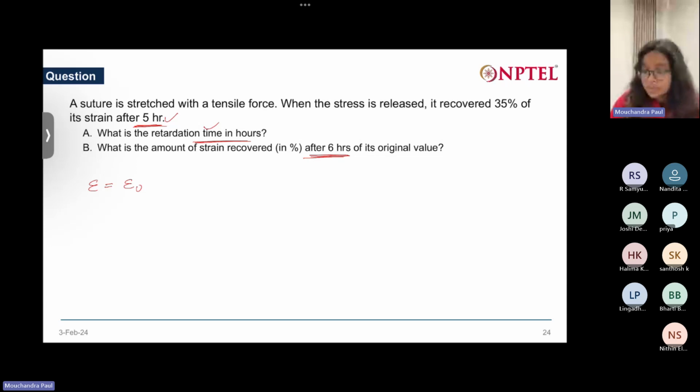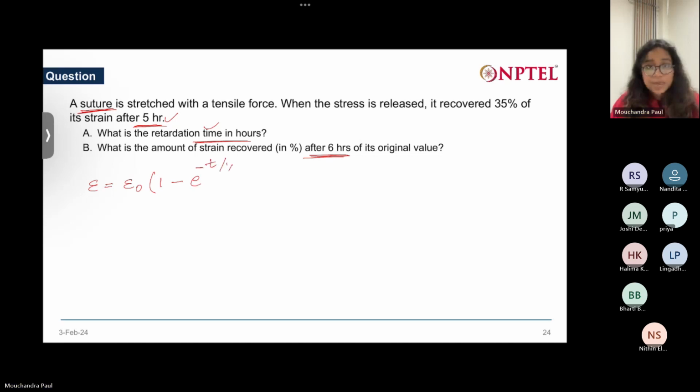Epsilon is equal to epsilon naught into 1 minus e to the power minus t by lambda. This is a polymer, and the tendency to recover happens exponentially, which is why an exponential term comes into the picture.